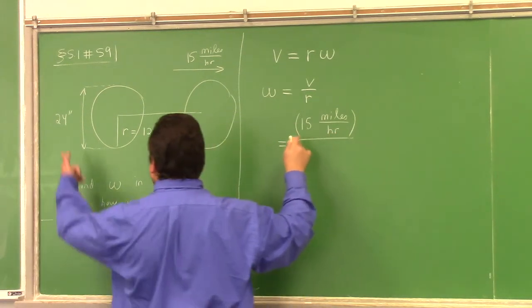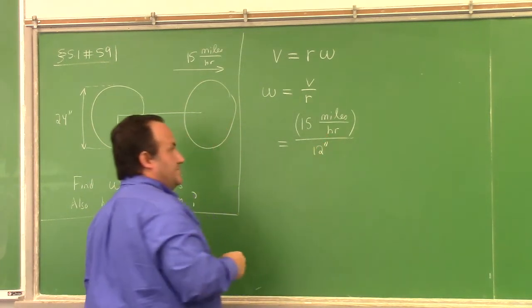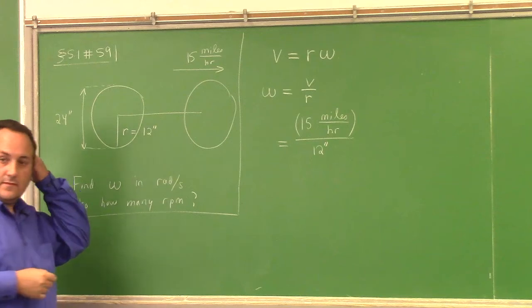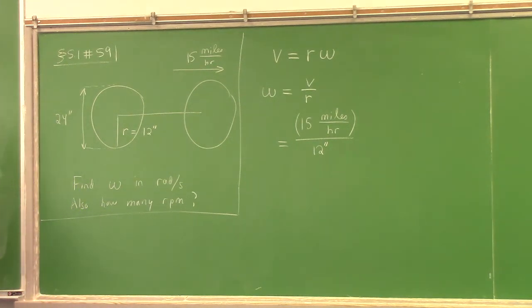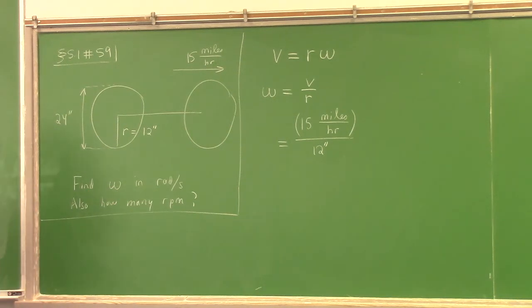R, which is 12 inches, right? So we either need to convert miles. We want to get the seconds, right? I'm going to go for radians per second. So I need to think about how to convert the units, right?